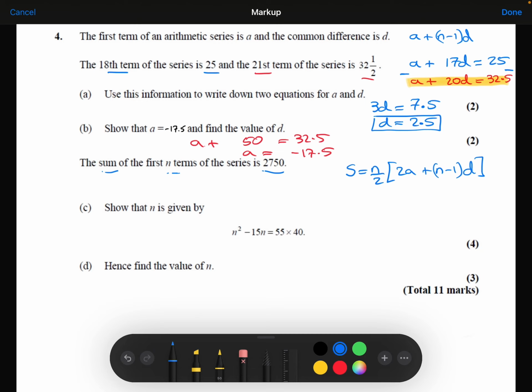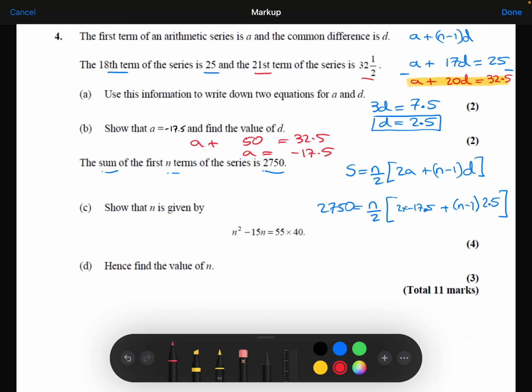Now, we don't know how many terms there are in the sequence, so I'm going to keep the n there. But we do know that a is minus 17.5, and we do know that d is 2.5. And this sum is equal to 2,750.